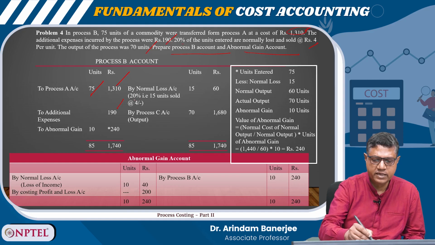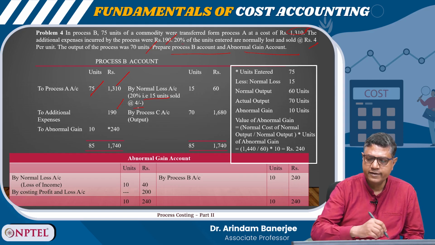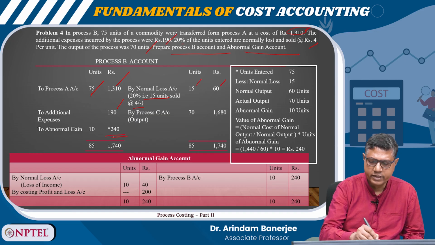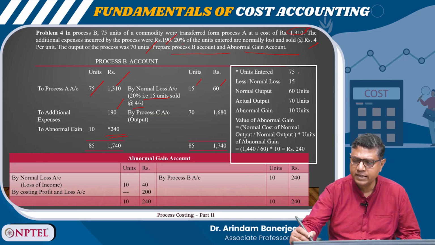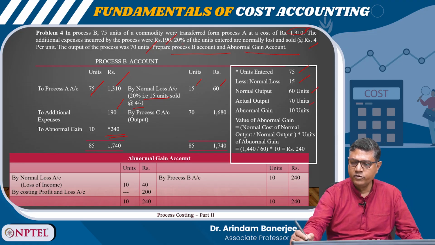So, 20% of 75 is 15 units, which can be sold at rupees 4, right. So, 15 into rupees 4 is 60, right. And abnormal gain I can calculate, right. Units entered 75, normal loss 15, normal output 60 units, actual output is 70. So, your abnormal gain is 10 units, right.